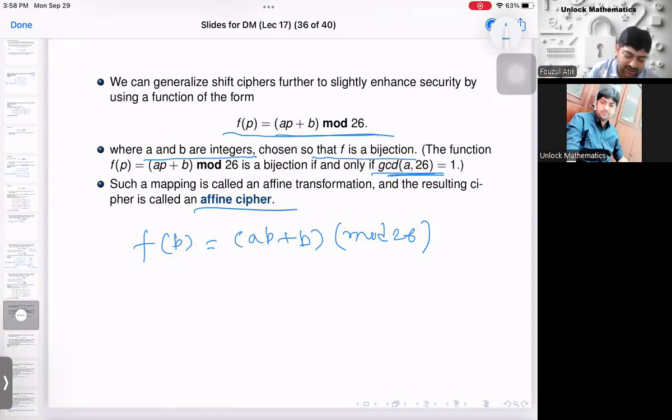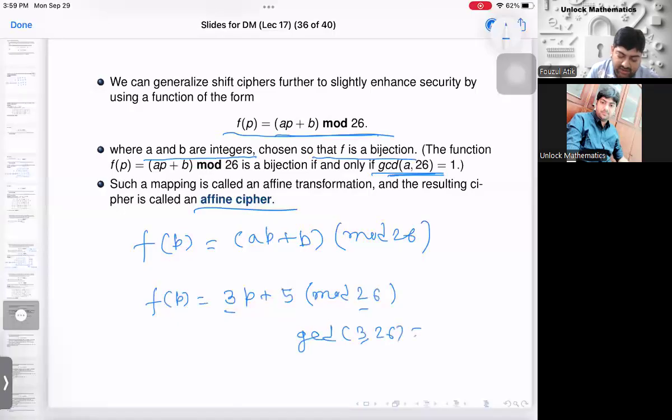So what can we take? Suppose I take the function f(p) = 3p + 5. I can take this number easily because GCD of 3 and 26 is 1, so this will always give you a bijective function.